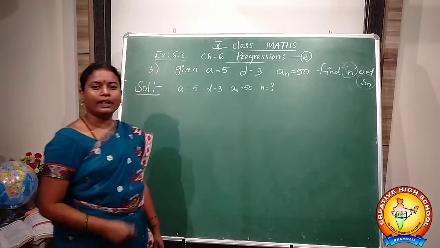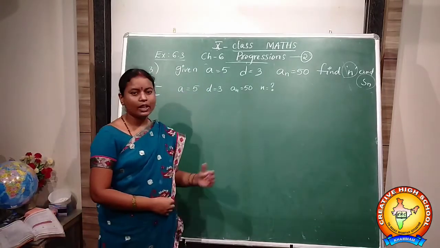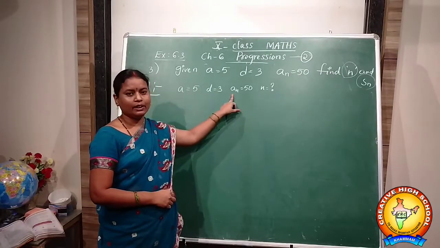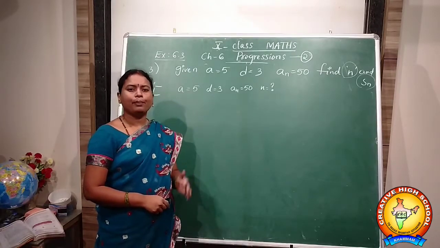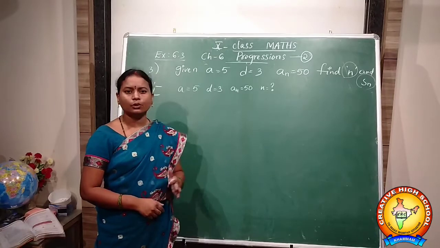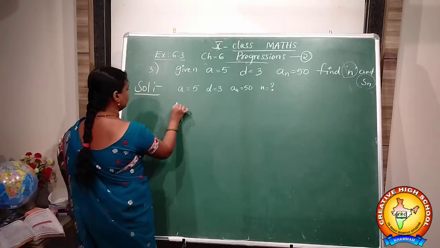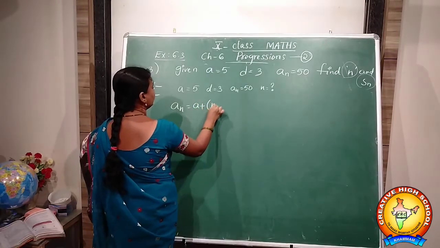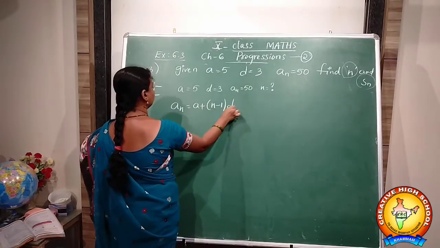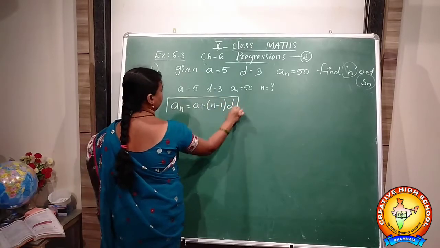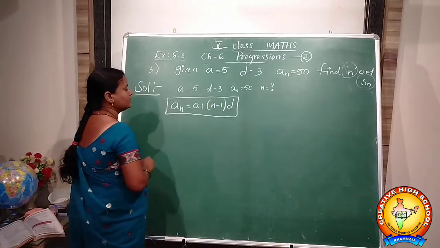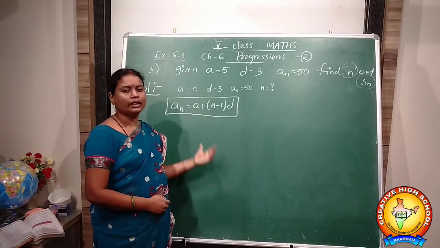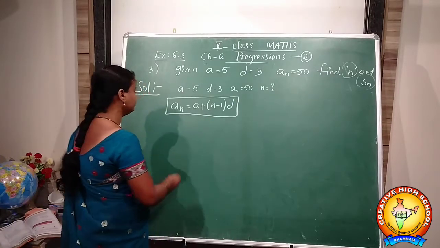How can we find the value of n? We have one formula to find the value of n when an is given: an is equal to a plus n minus 1 into d. By using this formula, let us find the value of n.